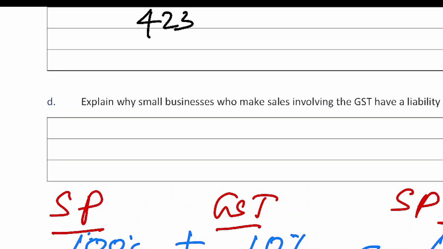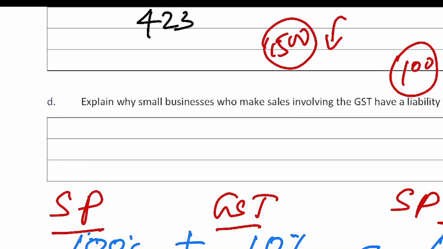Let's say they sold it at 1,500. That means they have paid $100 GST, 10% of 1,000. Then when they sell at 1,500, how much would they collect? 150. That means how much is their GST liability?